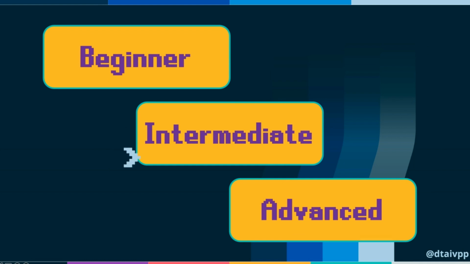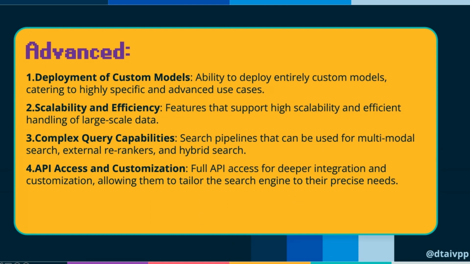And then finally, we have our advanced users. So you and your company might be an advanced user if you are fine-tuning models. For those who don't know, model fine-tuning is when you take an already existing model and then you train it on your own data to basically give it the understanding of the words that you use.